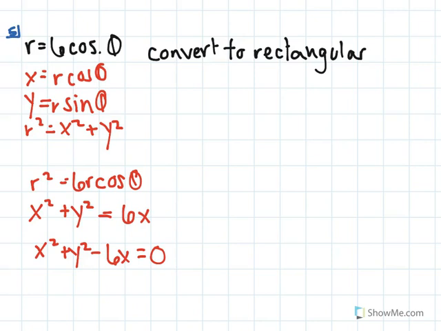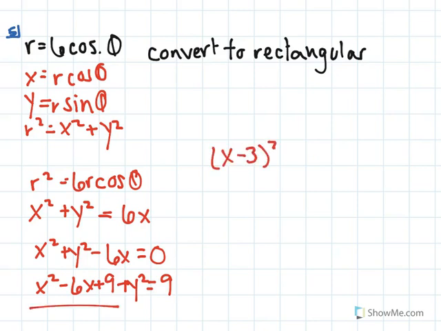So if we add 9 to both sides, we would have x squared minus 6x plus 9 plus y squared equals 9. And we can then factor this part, and we would have x minus 3 squared plus y squared equals 3 squared. And that would be our final answer.